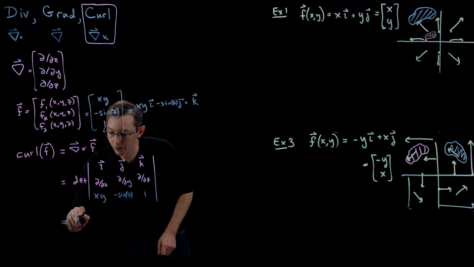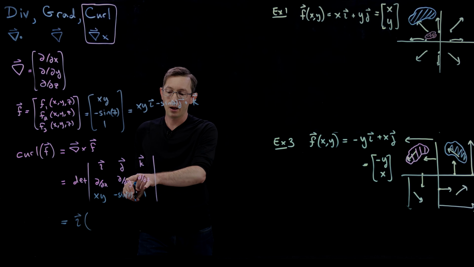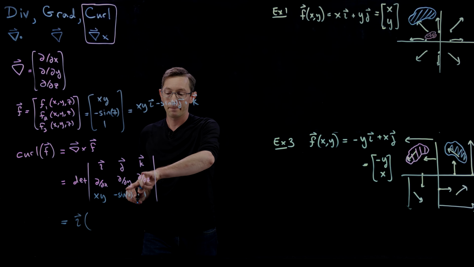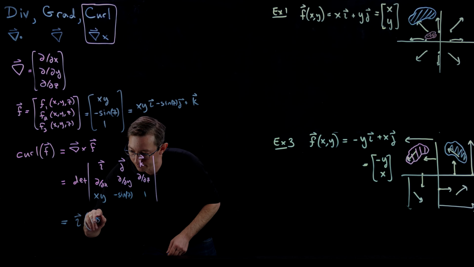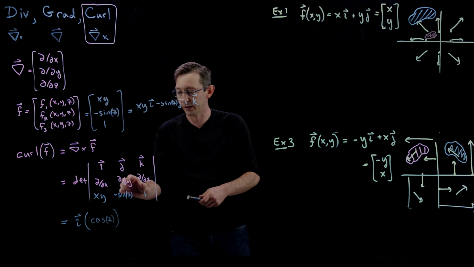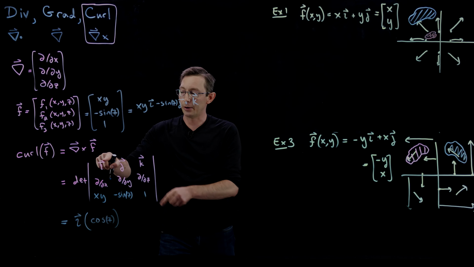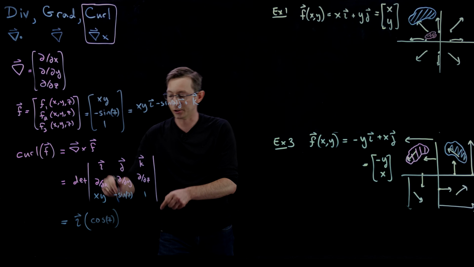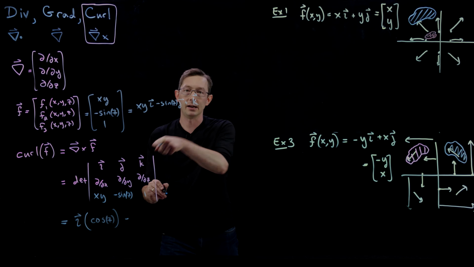So in the i component, I have this little subdeterminant, which is 0 minus minus cosine of z, so plus cosine of z. I did that a little quickly, but you can confirm that this determinant is just cosine of z. Okay, so that was the first block, plus i direction. Then I do minus the j direction, so we always alternate signs as we go along.